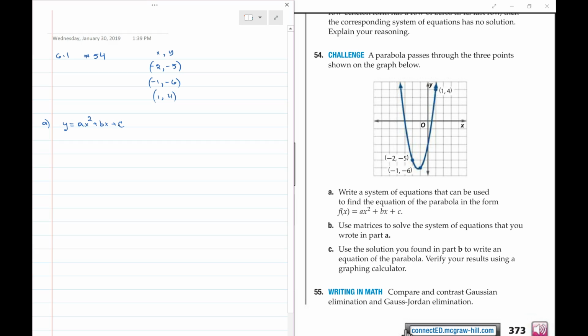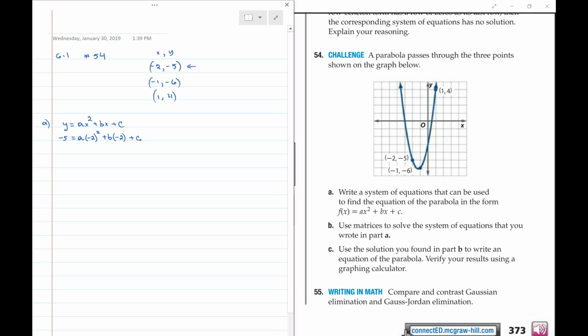Okay? So what you're going to do now is plug each one of these into this equation. Here, -2 is x, -5 is y. So if I'm going to plug it in here, y is -5 equal to a times x is -2, so -2 squared, plus b times -2 plus c.